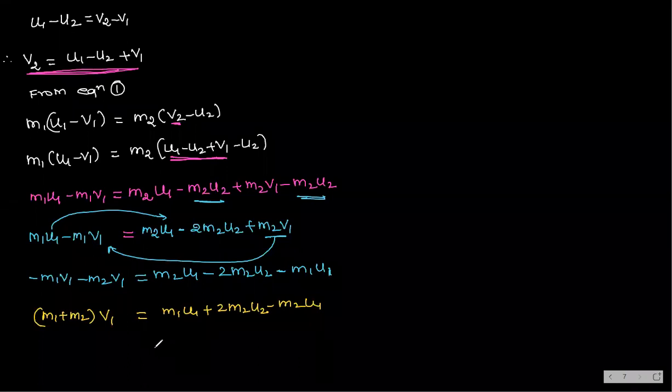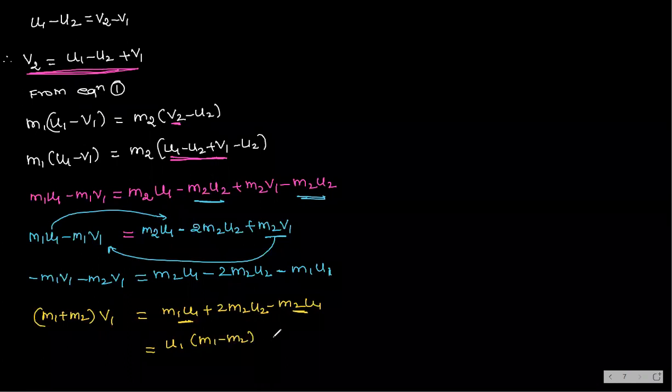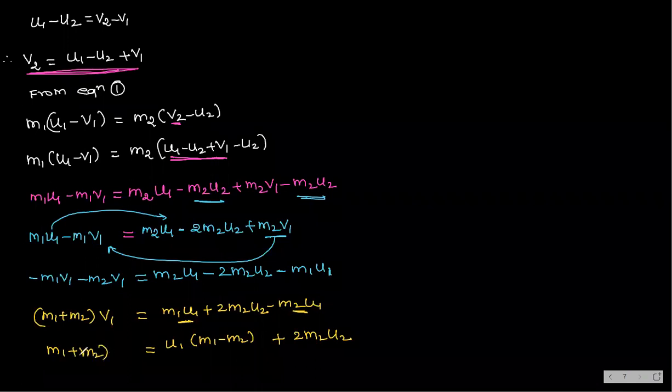Now let's see. Next step, I am taking u1 common from these two terms. I am getting (m1 minus m2) here, plus 2 m2 u2. Okay, understood. And this side I am keeping as it is, (m1 plus m2) into v1, right? So now I want the v1 value.